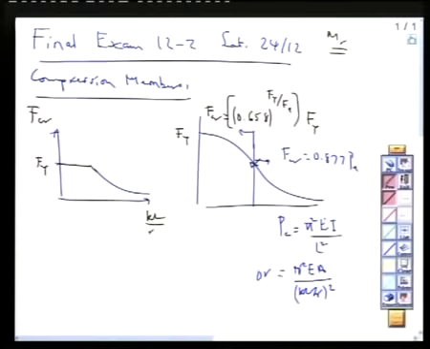Now, this curve is being done where the abscissa is KL over R.